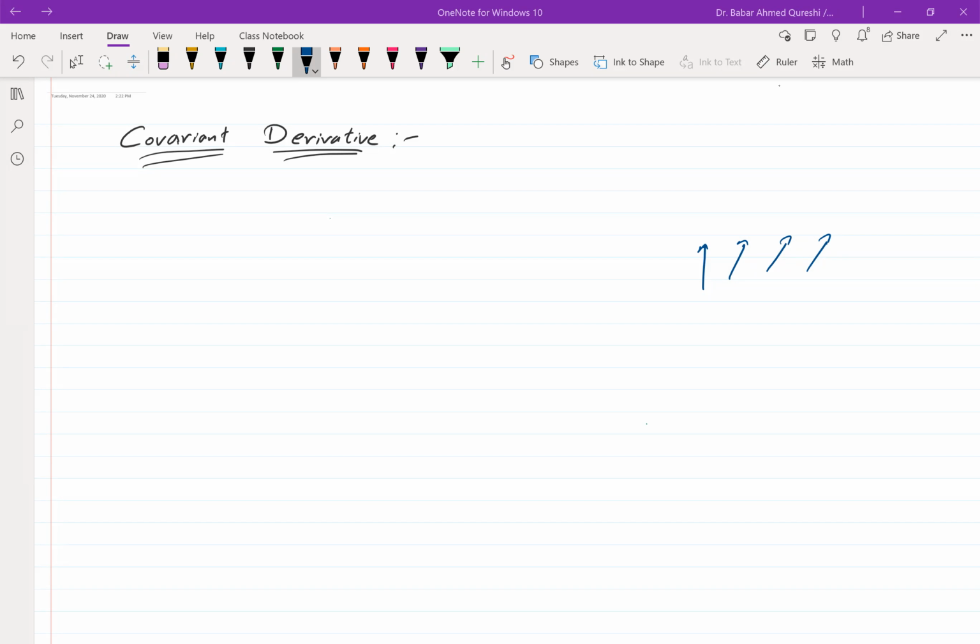Yes. So you have a vector field, and that means you have assigned one vector from these vector spaces at each point, and you want to have some idea how this vector field is changing. So essentially you want to define some kind of a derivative.